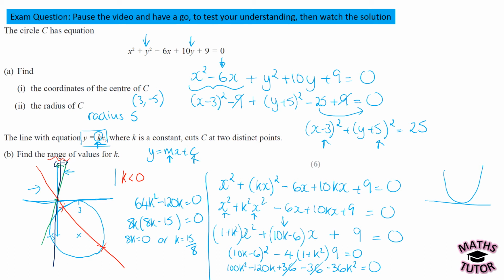So this is part of our answer, all the negative ones, but the other part of our answer to represent this area here of straight lines that cut the circle twice is going to be where k is bigger than 15 over 8.